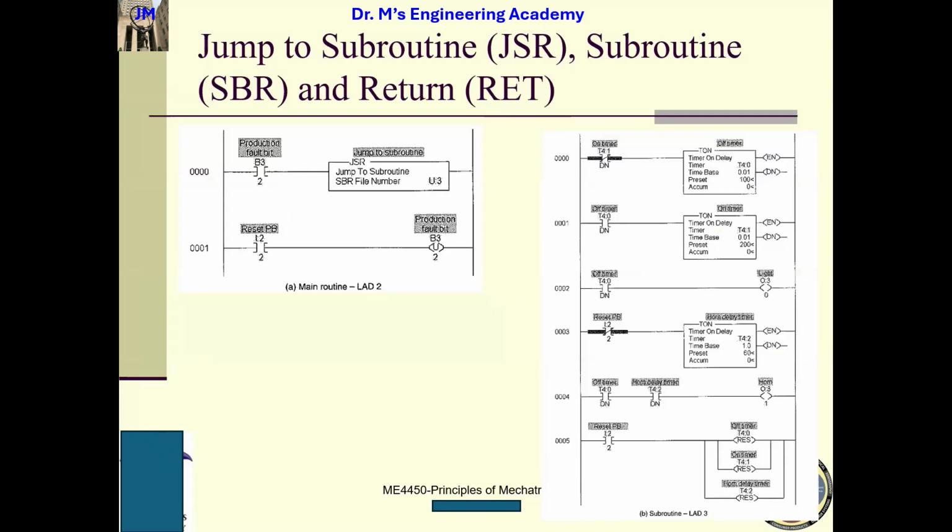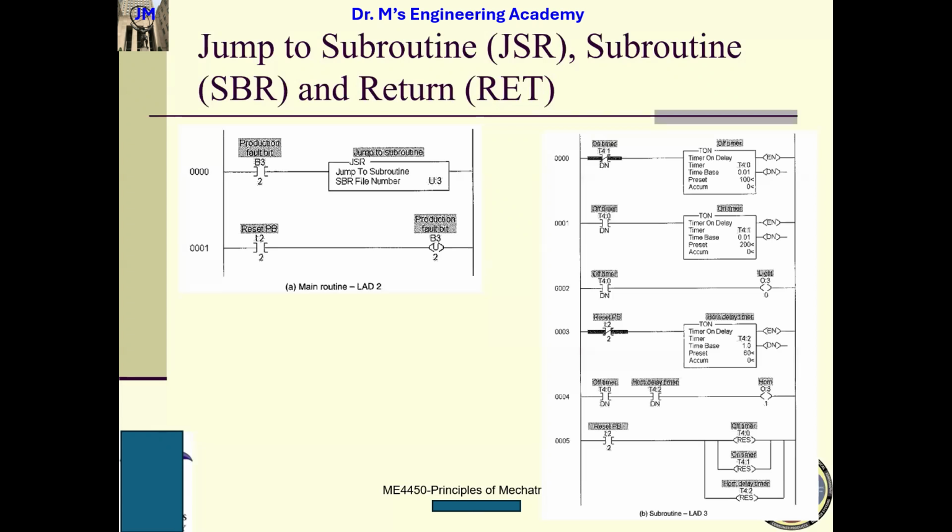So here is the example. This is the main routine, ladder 2, the main program. For simplicity, we just have 2 runs. If this condition is met, then I'm going to jump to the subroutine, using file 3, subroutine 3.